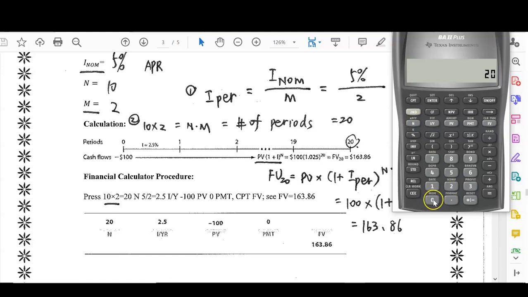We need to input 20 half years as our N. For interest rate, we need to input a periodic rate, which is 2.5 I. And for present value, we need to input 100 or negative 100, either is fine. Let me do negative 100 PV. Payment is 0 and compute for FV. We have 163.86 here.